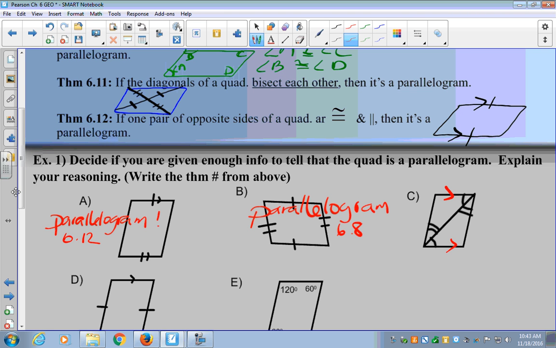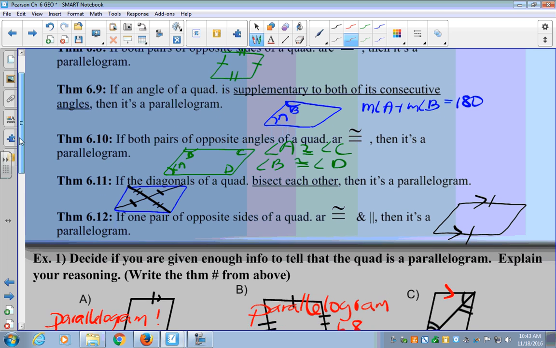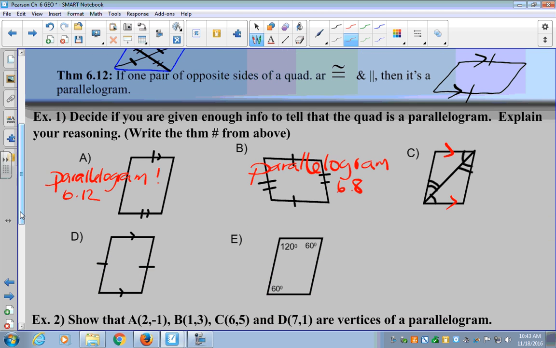Is there any theorem that says if your 2 lines are parallel, then you have a parallelogram? What other piece of information did we need to make this a yay? We would probably need that the sides are congruent, or the other two lines. Yeah. So, not enough information. Nay. I say nay.